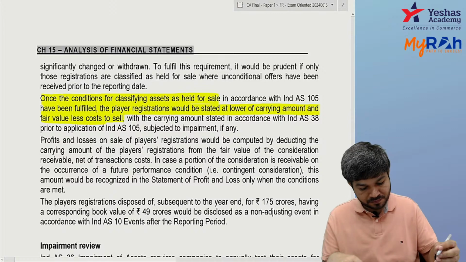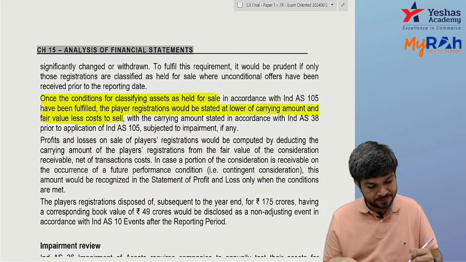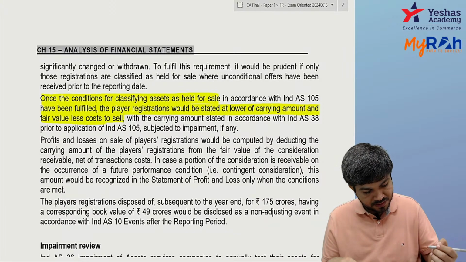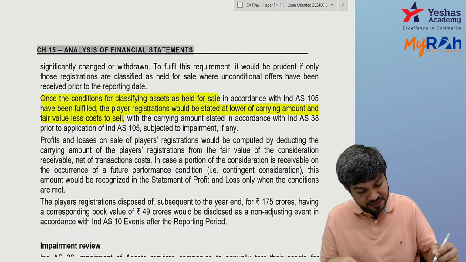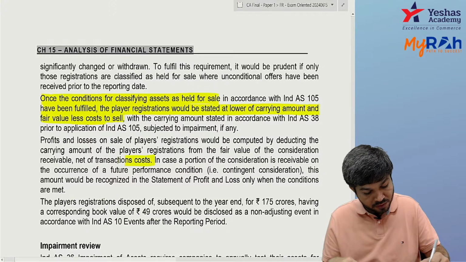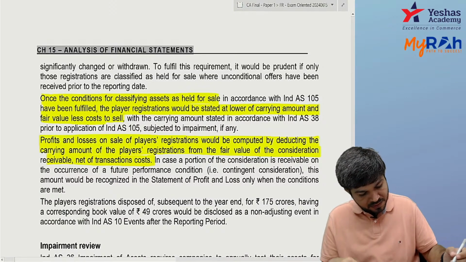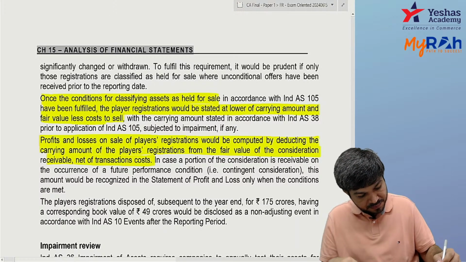Amortization will stop, in accordance with 105. Profit or loss on sale of players will be computed by deducting the carrying amount from what you recovered, and the difference will be recognized in P&L.